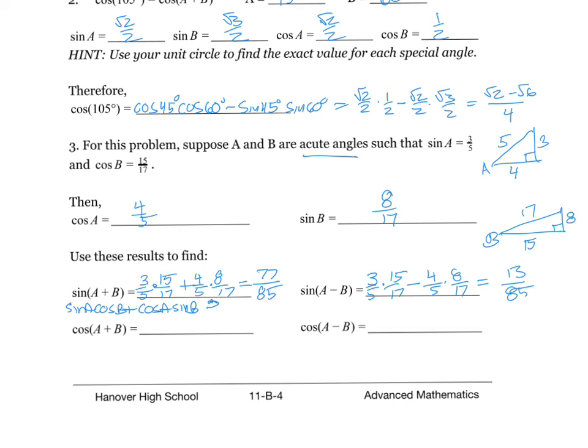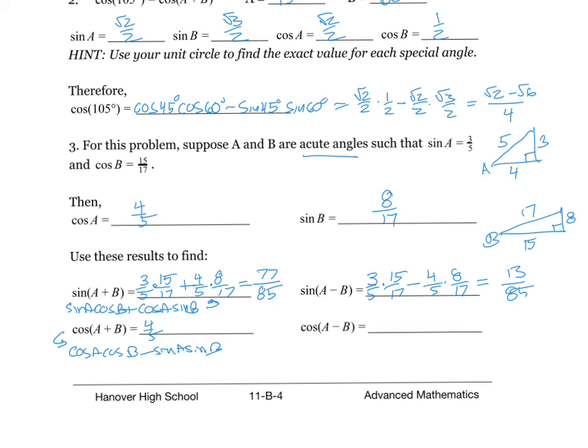And then finally, cosine of A plus B. Remembering now that cosine of A plus B is cosine A cosine B minus sine A sine B. And I've got all of these values already. Cosine of A, I figured that out. It's 4/5.